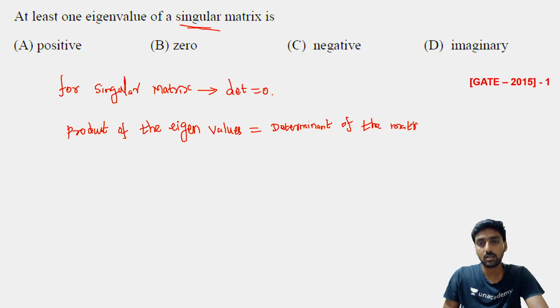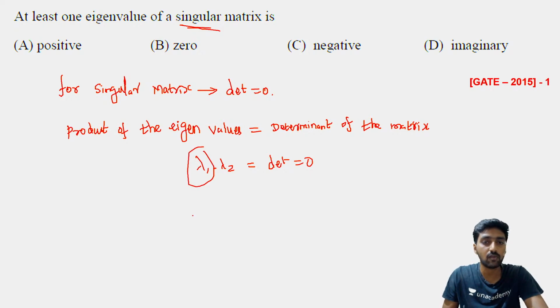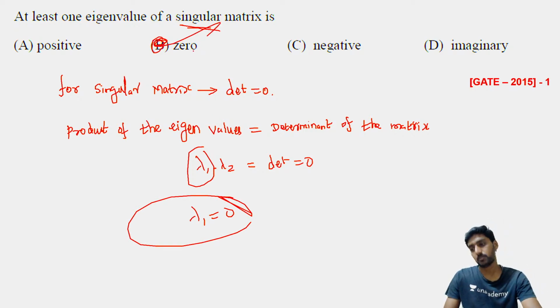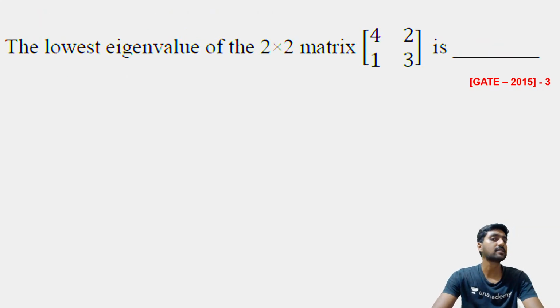So here look at this. Here lambda 1 into lambda 2 is equal to determinant. It is equal to 0, which means at least one of the eigenvalues must be equal to 0, right? So one of the eigenvalues for the singular matrix must be equal to 0. Yes, absolutely right.